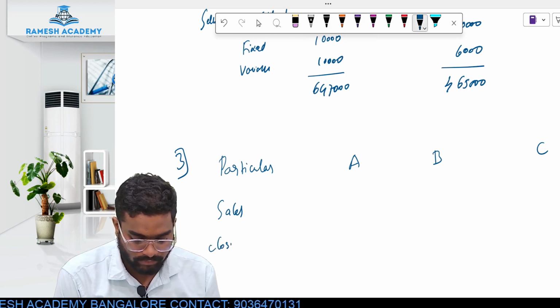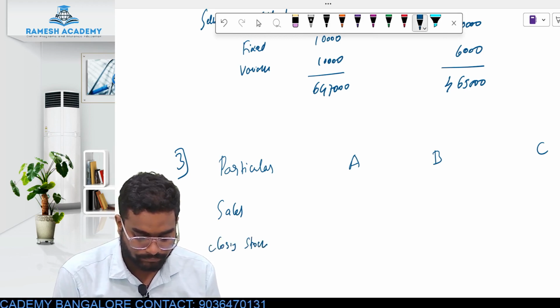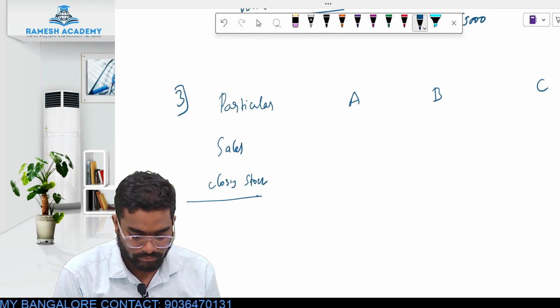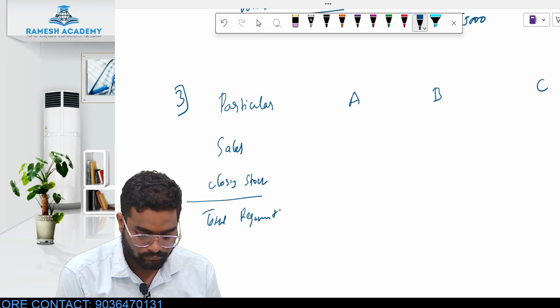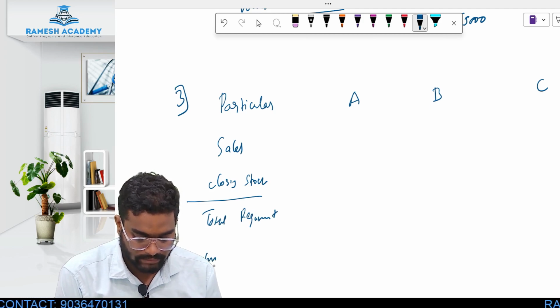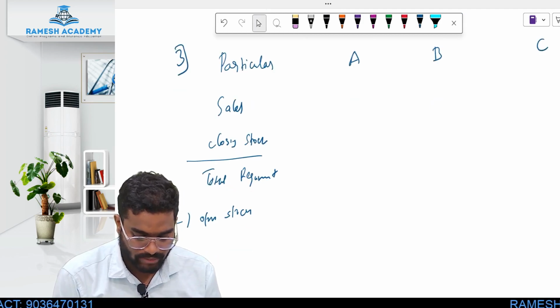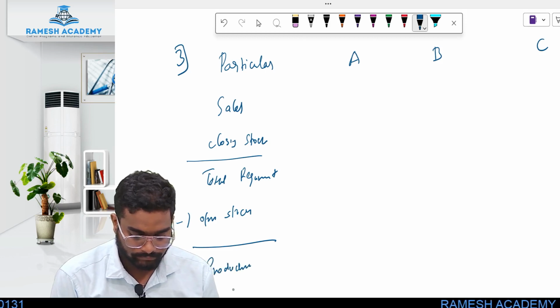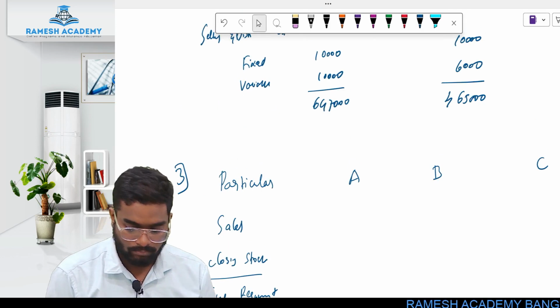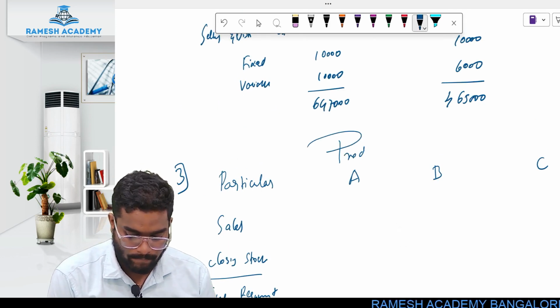But over and above we will be having some closing stock also. So this is our total requirement, but we will be deducting the opening stock which we have already there. So now we have the production budget.